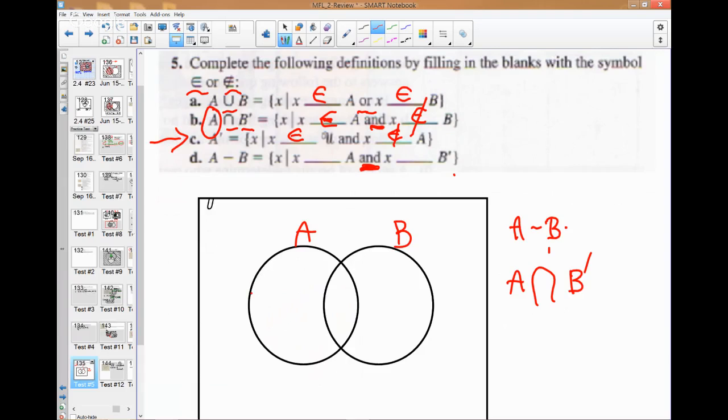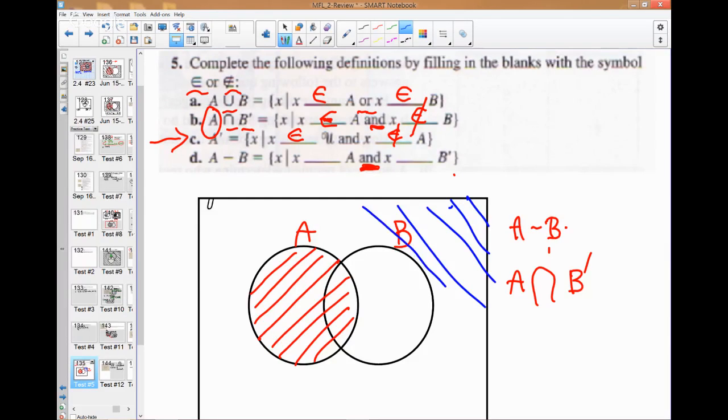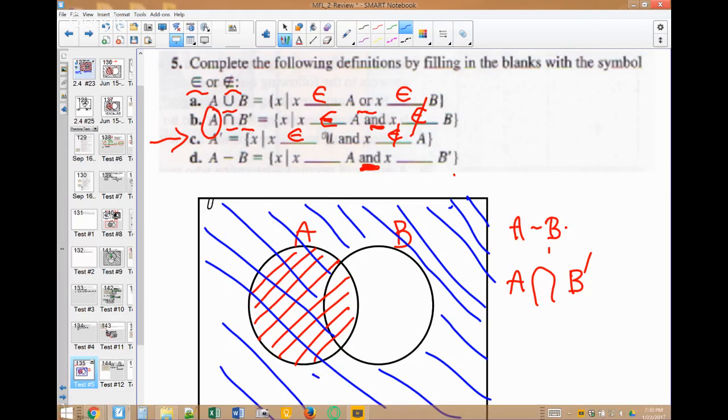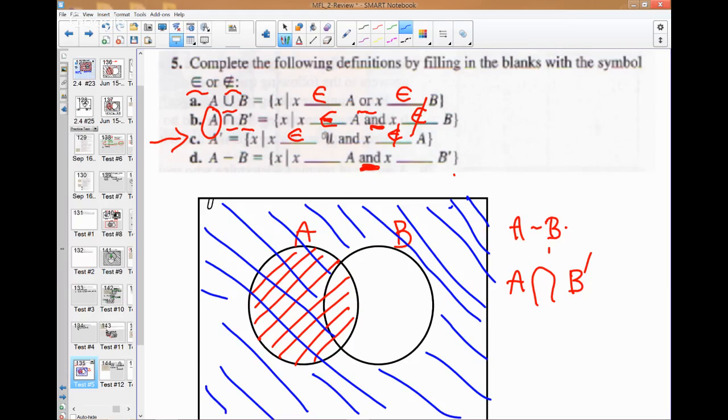A, and then B complement. And where do they overlap? Don't they overlap in that A take away B section?